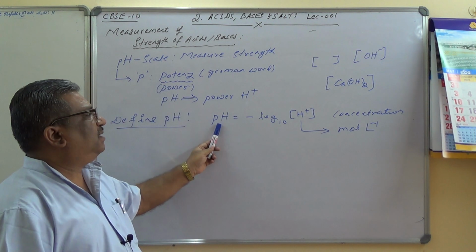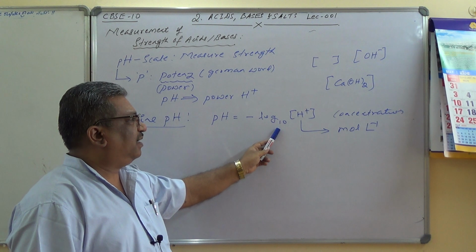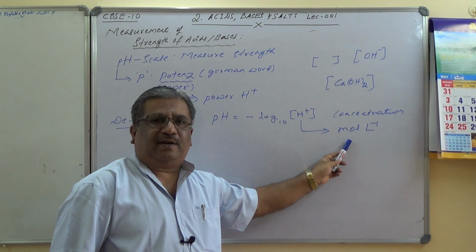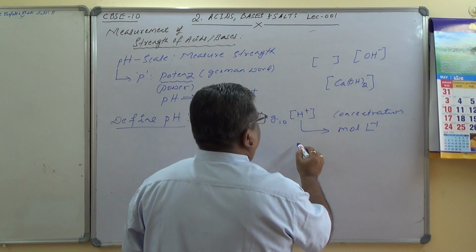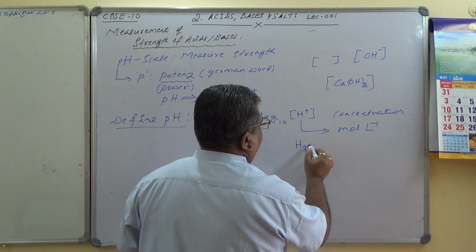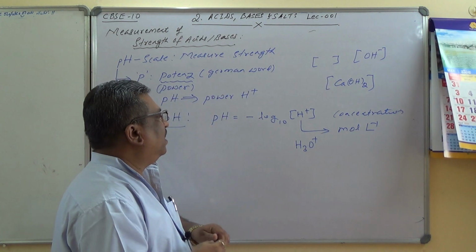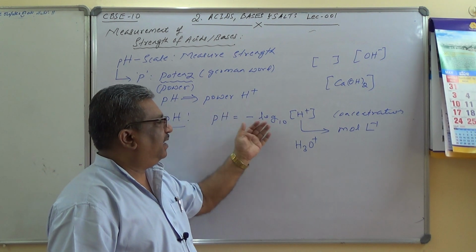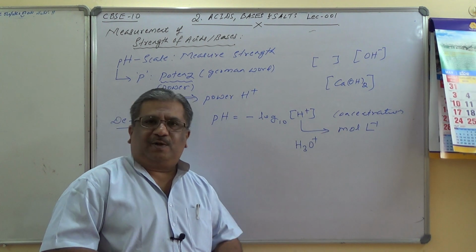Now you must understand very clearly, when I say H plus ions, equally it can be H3O plus ions, which is nothing but hydronium ion concentration. So also I can say it is a negative logarithm to the base 10 of hydronium ion concentration, which is expressed in moles per liter.